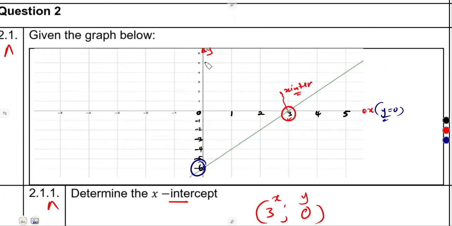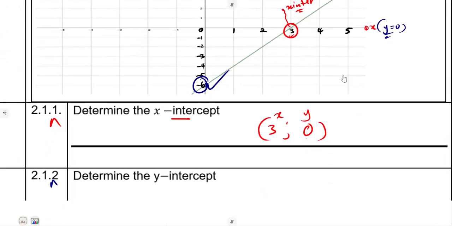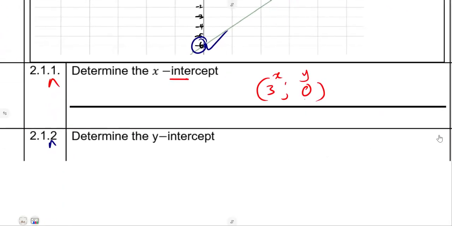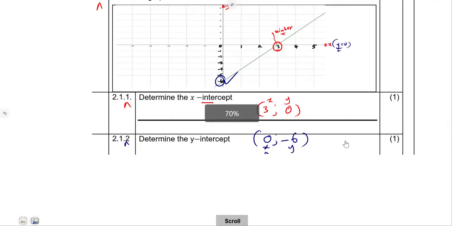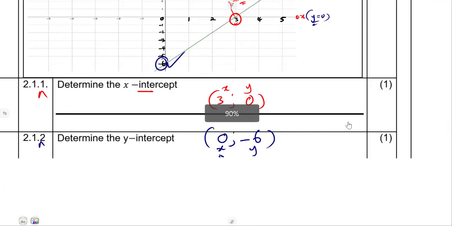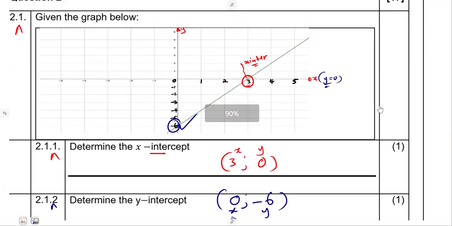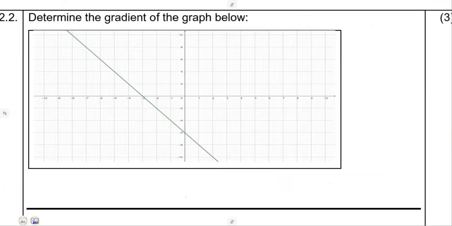So that's 0, -6. Remember, in the y-axis, x is 0. So we have got the y value there. All right, so that was just to determine. You just look into the graph. You have got your answers from there.